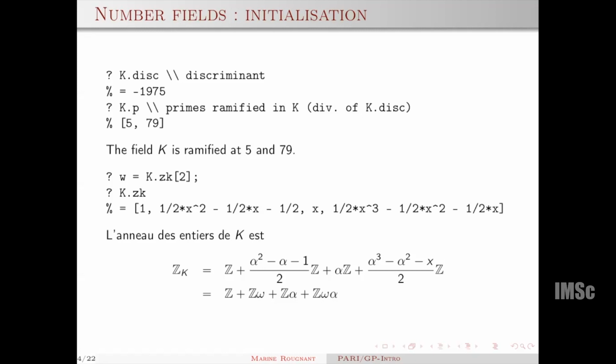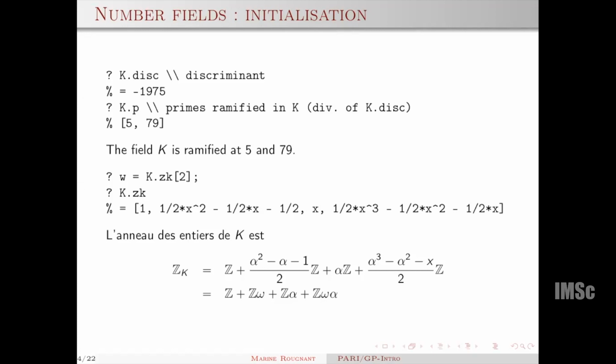K.zk gives you a basis of the integer ring. Oh, I'm sorry, I did put some French. I was tired. So the integer ring of K is this. So here you have the 1. This term can be written like that.